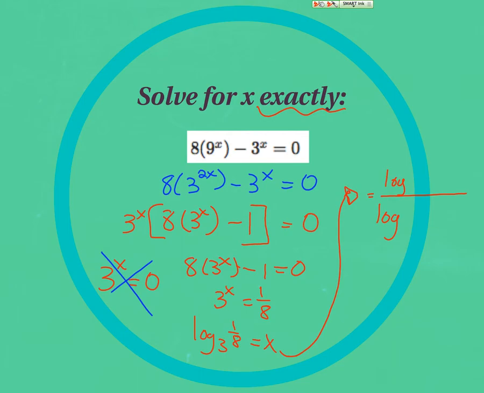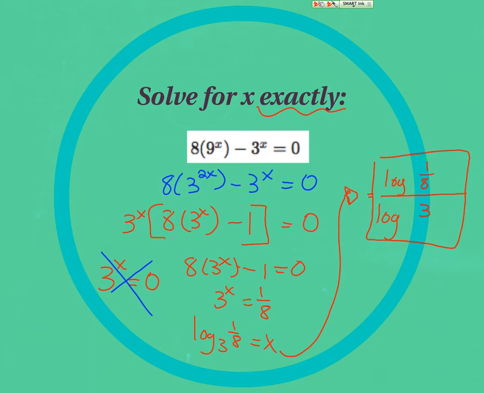For me, when I do change of base, the thing that I struggle with most is remembering what goes in the numerator and what goes in the denominator. So you tell me what goes where. Where does the 1/8 go? Where does the 3 go? Very good. So 1/8 is in the numerator, and then 3 is in the denominator.